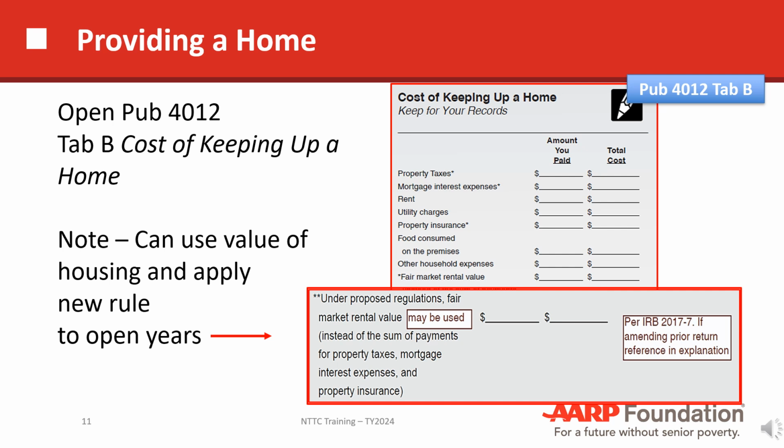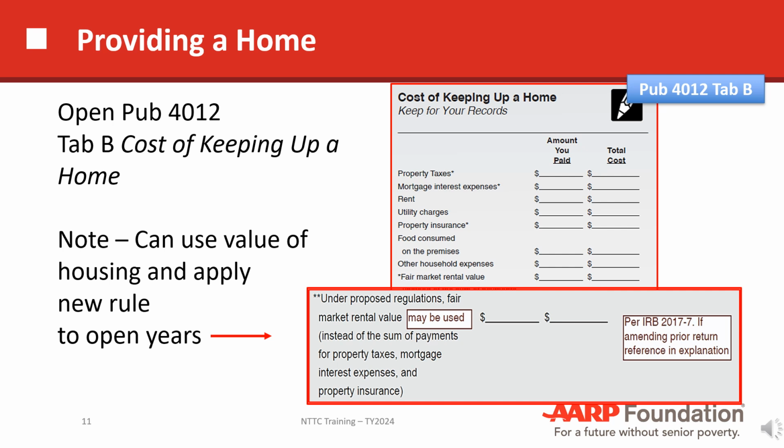Here we can see on this slide a worksheet that can be found in Publication 4012, the Volunteer Resource Guide, under Tab B as in boy. For the taxpayer, you can put in their property taxes, mortgage interest, rent, utility charges, property insurance, food consumed, and other household expenses, and determine the cost of keeping up the home so that you can then take half of that cost.